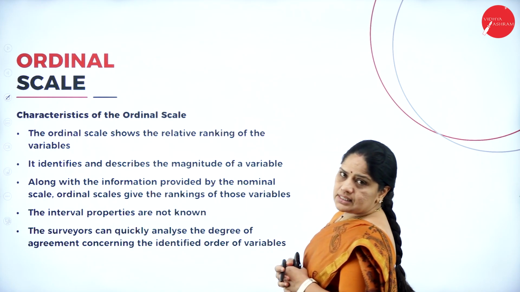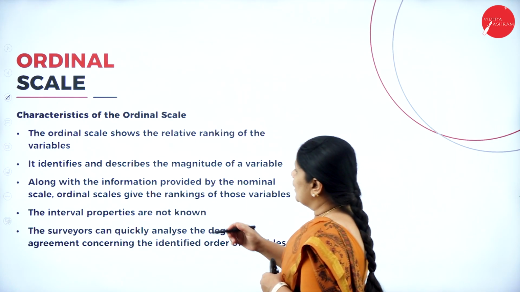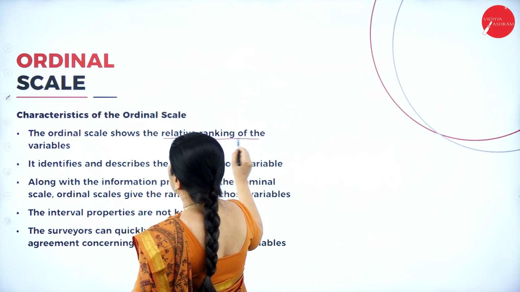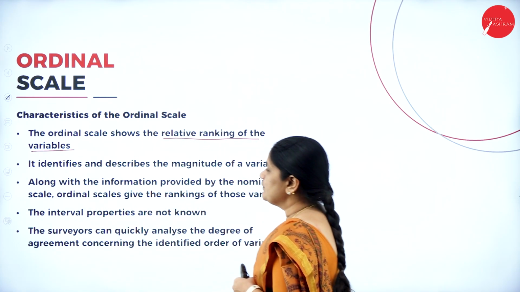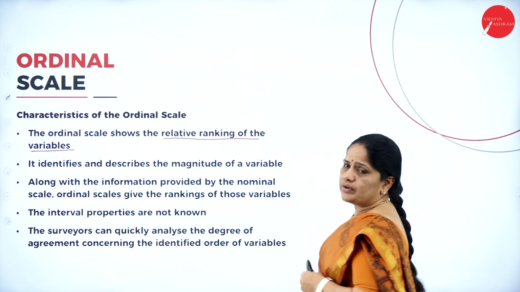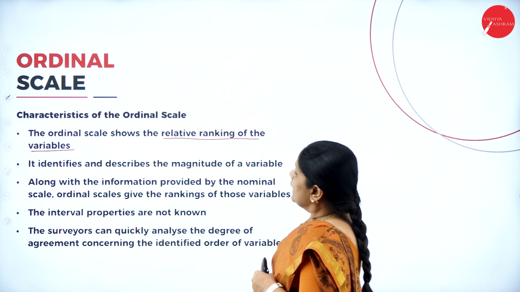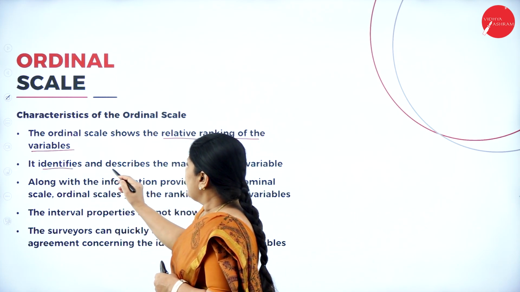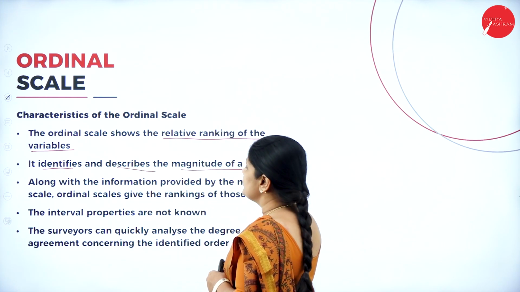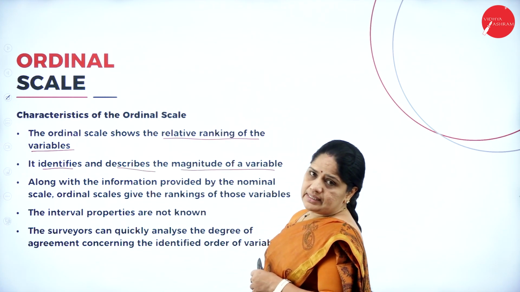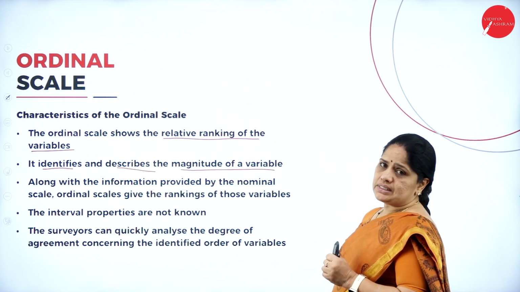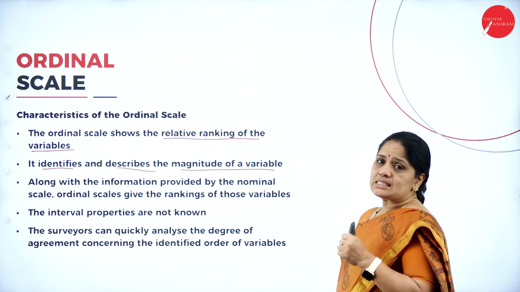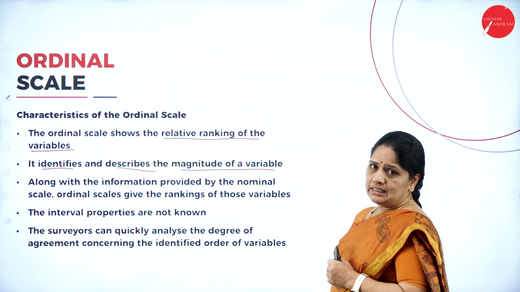Now, the characteristics of the ordinal scale. The ordinal scale shows the relative ranking of the variables. How the variables are ranked, that is what we have in this ordinal scale. It identifies and describes the magnitude of a variable. For example, if I have to rank the goodness of a person, I cannot just measure it in numerical terms.